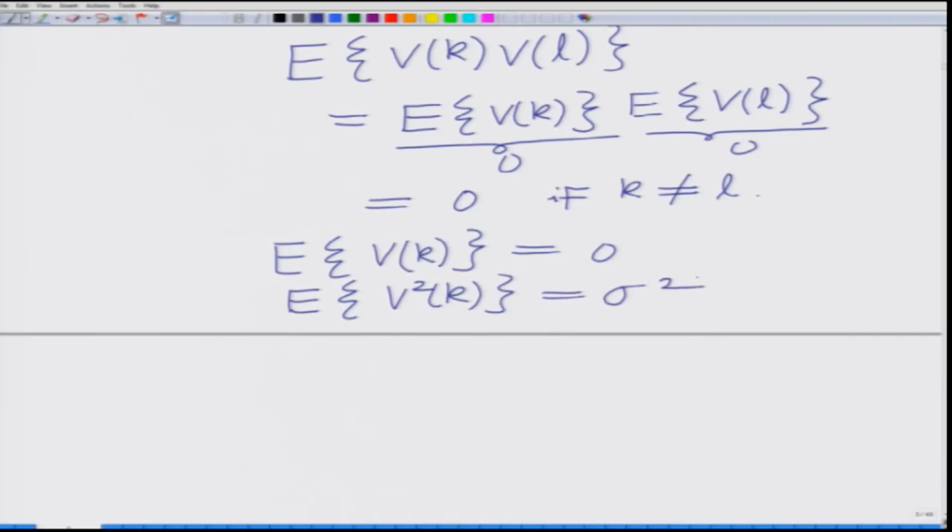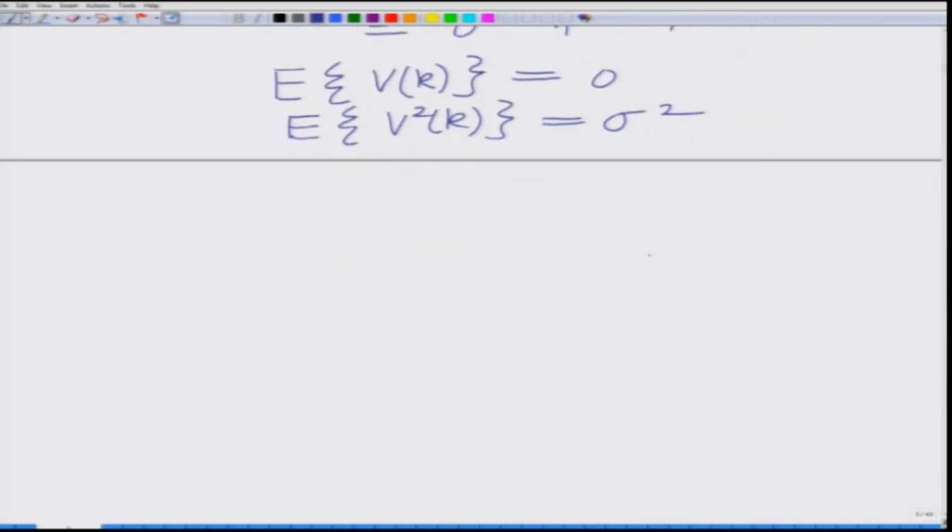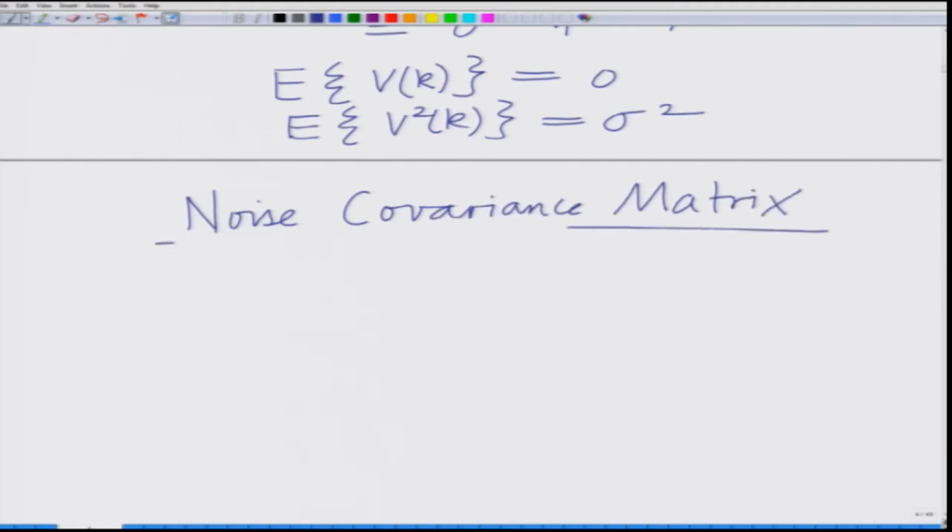Therefore, if we look at the covariance matrix of this noise, now what we want to look at is the noise covariance matrix. And what is this?